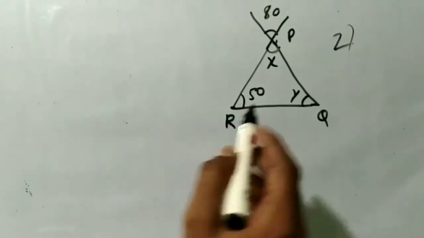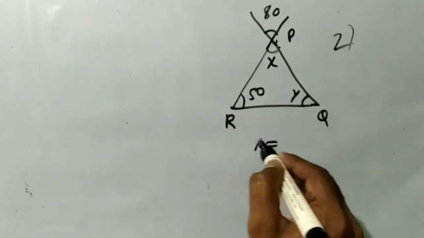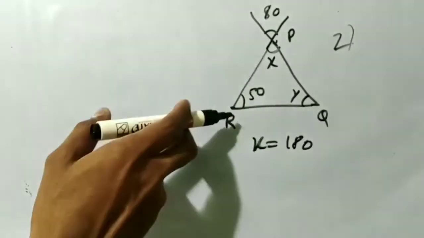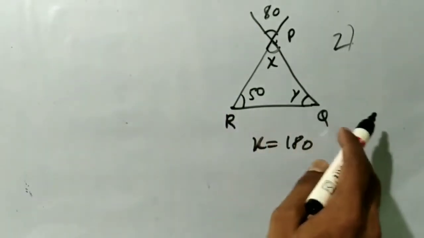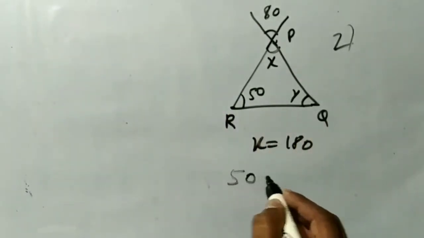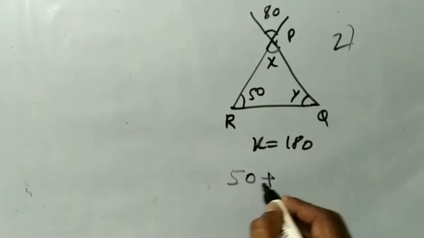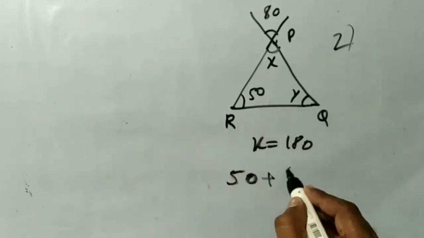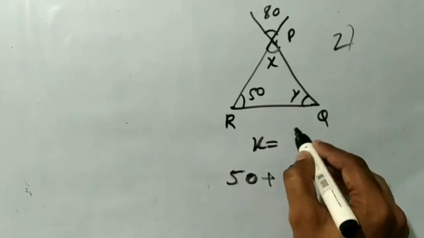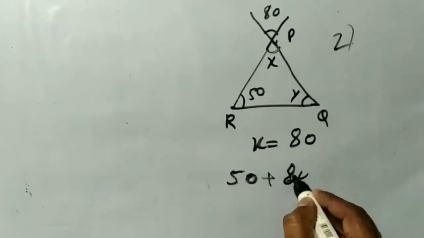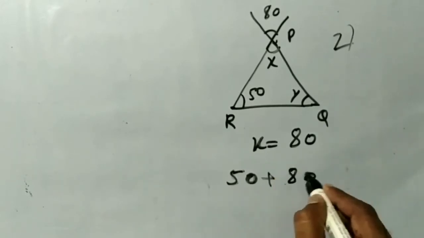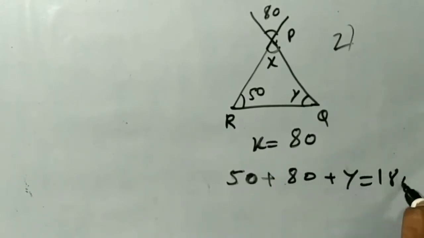So here directly we know that x is equal to 80, and x plus y is equal to 180.